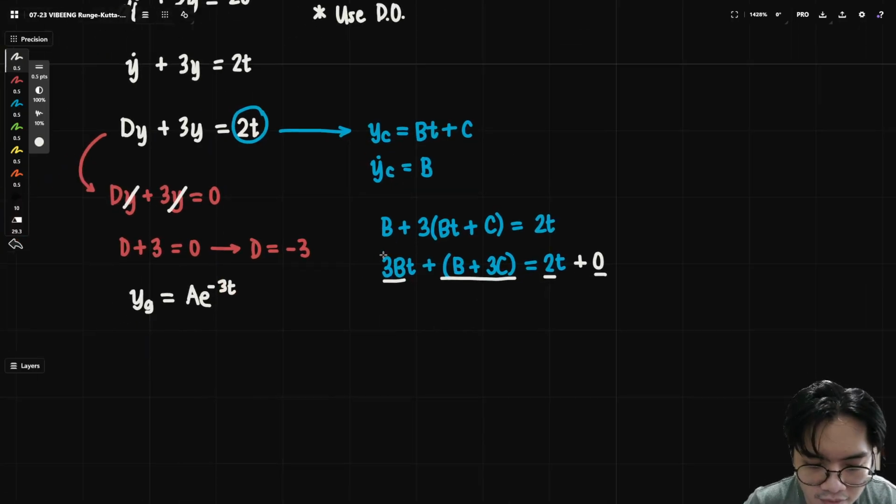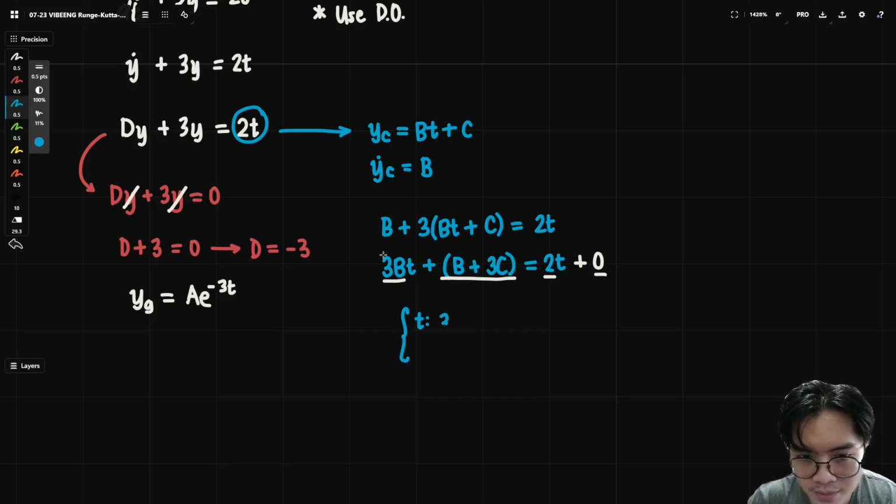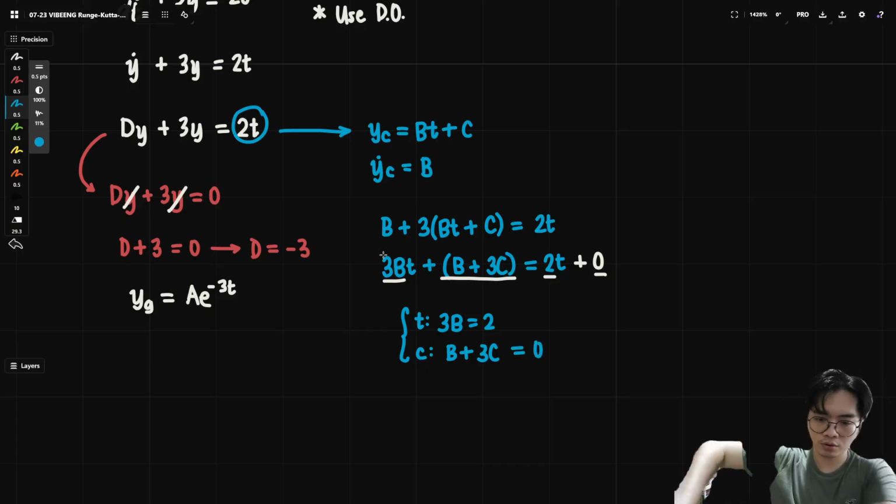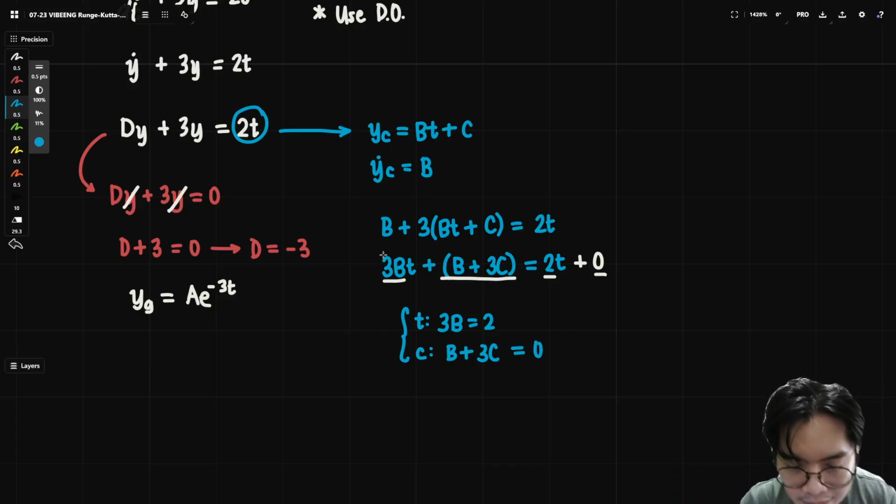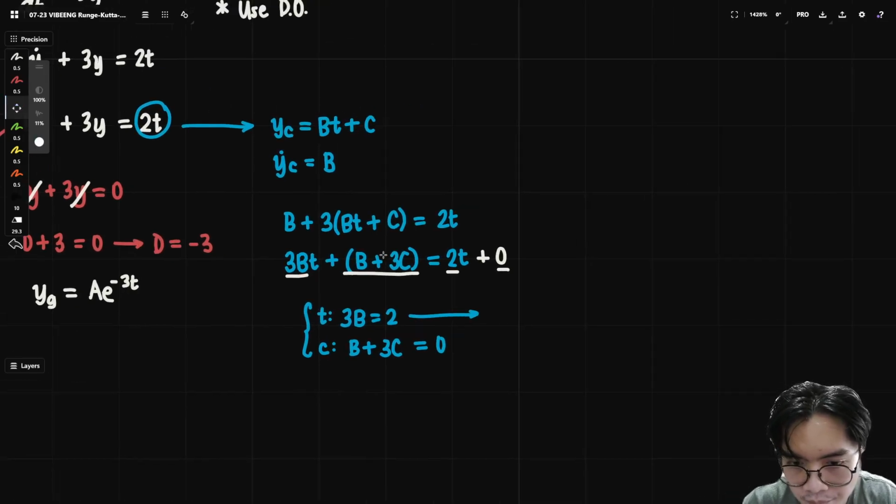So what we will have is, something like 3b, right? For the t's, we will have 3b is equal to 2. And then for the constants, you will have b plus 3c is equal to 0. So, ang lalabas is that b is equal to 2/3 here. B is equal to 2/3.